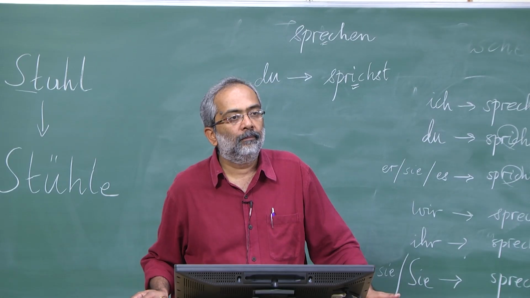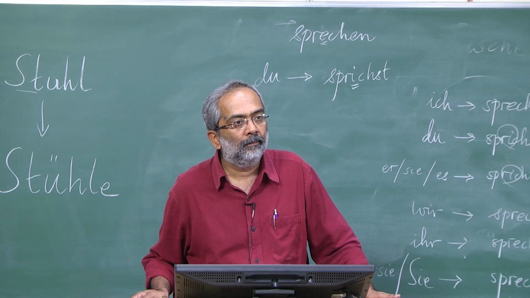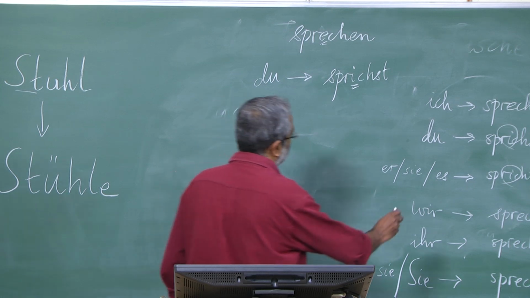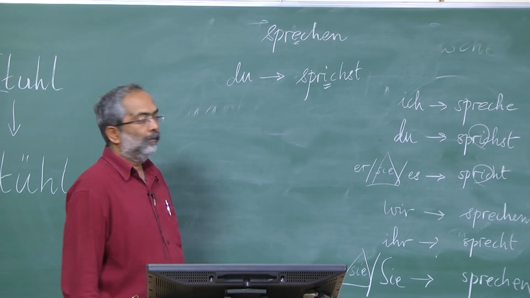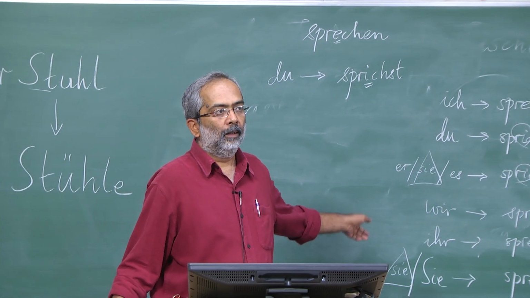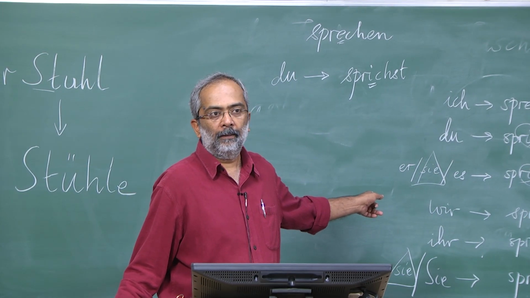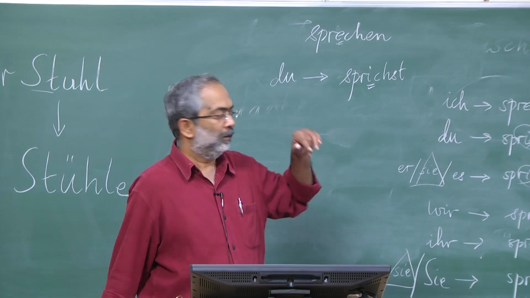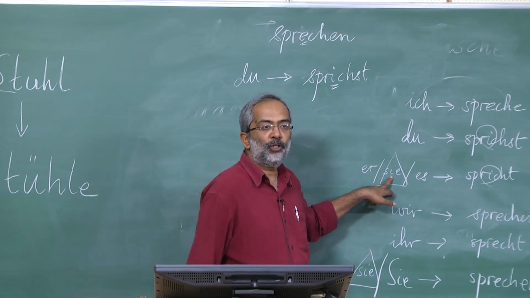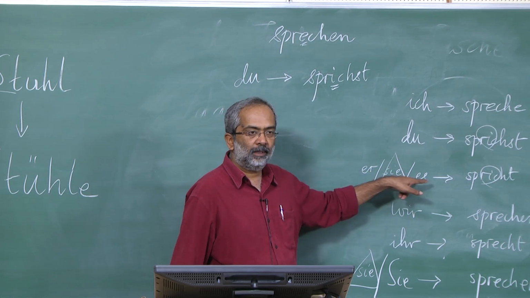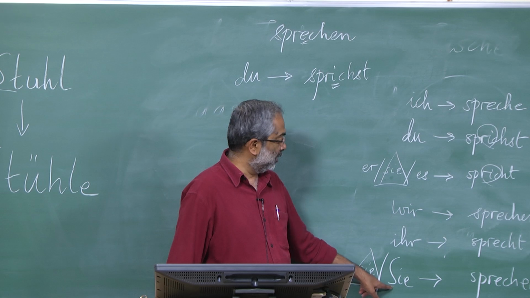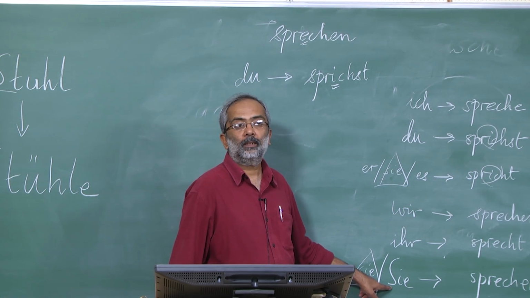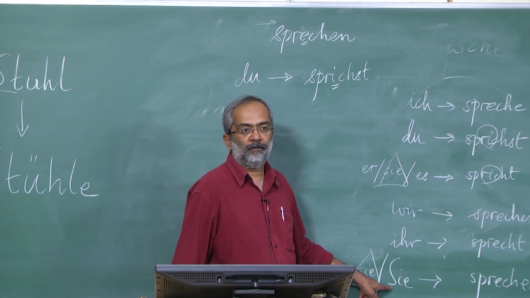What's the difference between the small z at the end and the small z, like along with er? What is the difference? This word, this sie is she, he, she, it. This is they, and this is you, but formal, respectful.